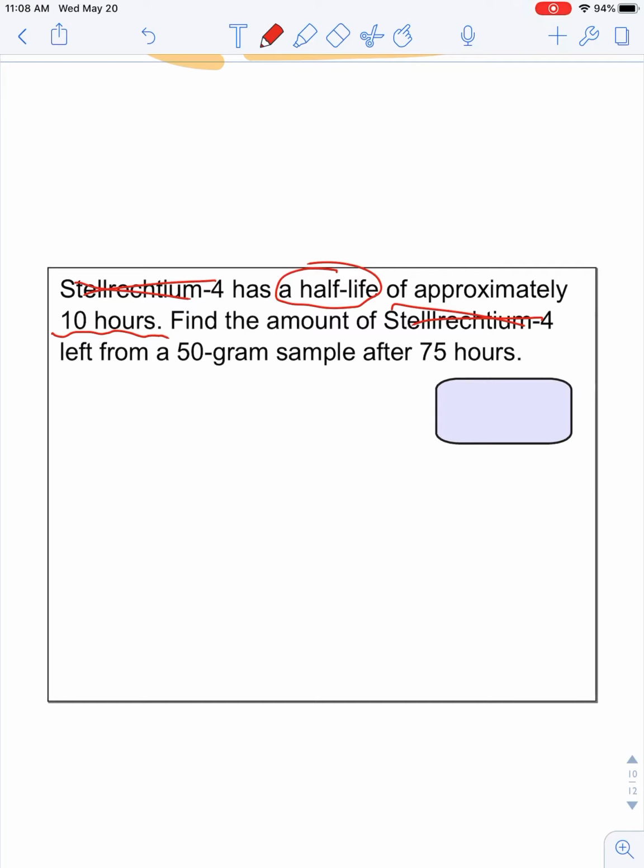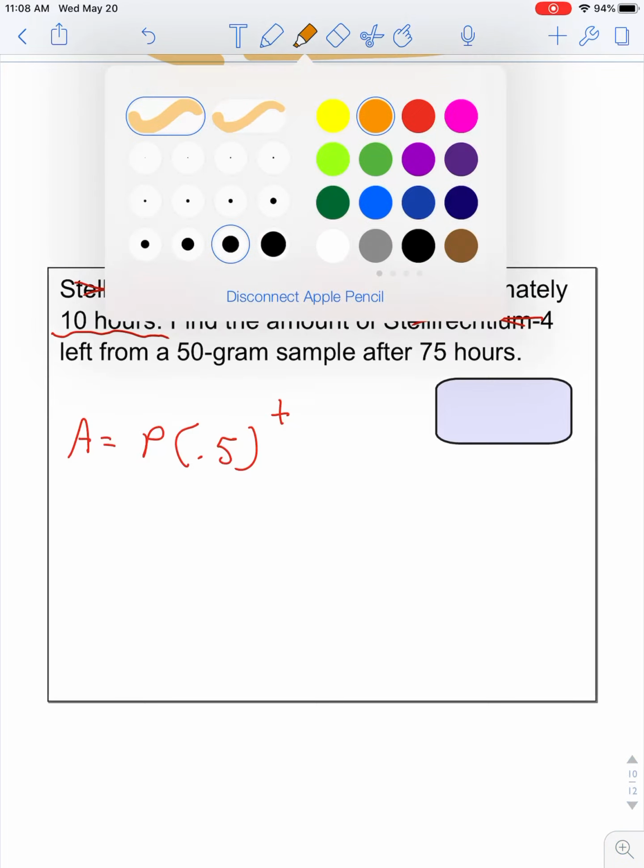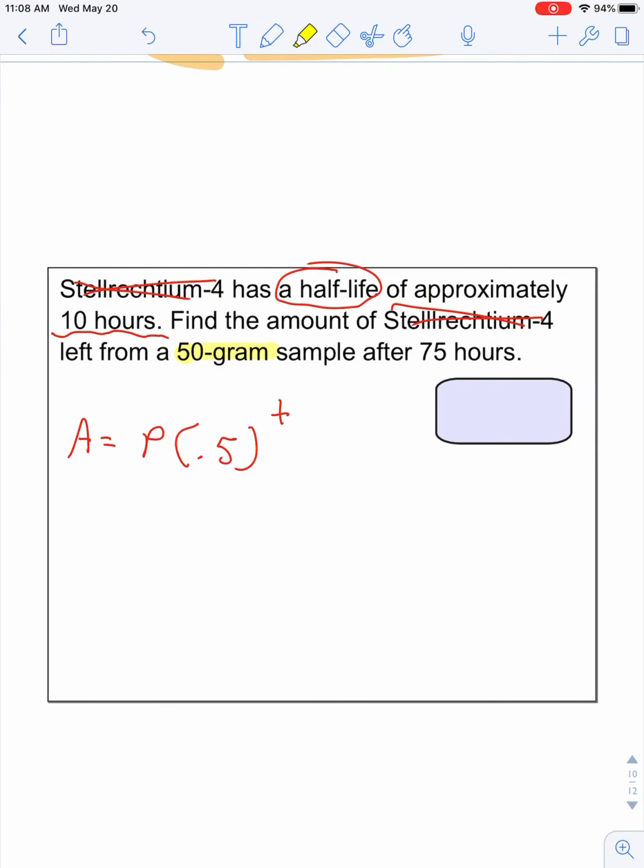So we're going to use that half-life formula, A equals P times 0.5 raised to the t power. My 50-gram sample is what I'm starting with, so that's my P right there. It's cutting in half every 10 hours.